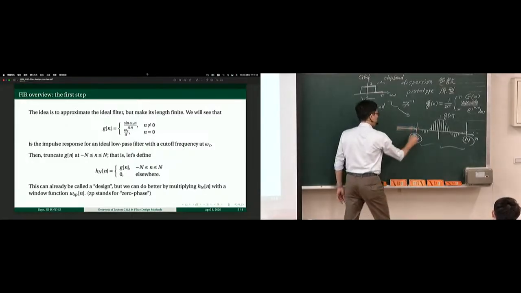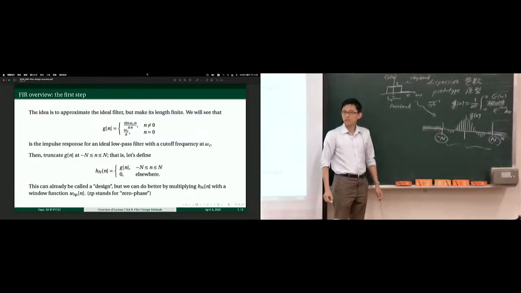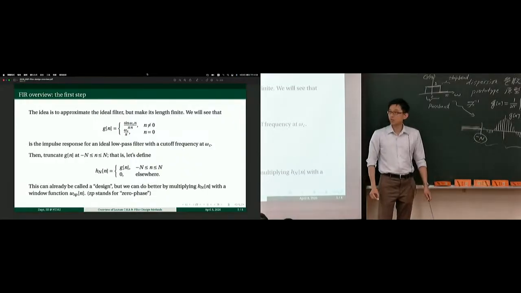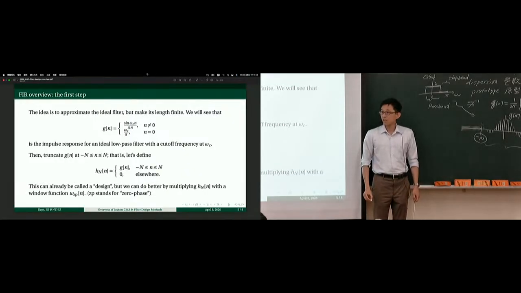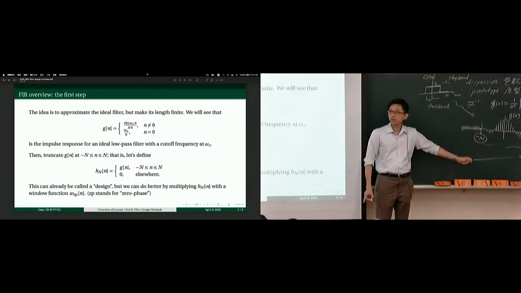Ignore whatever is beyond this range. Keep the middle part, and then use it as a sort of approximation. Use this middle part as the impulse response of your FIR filter. So now we have finitely many, 2N plus 1, samples.